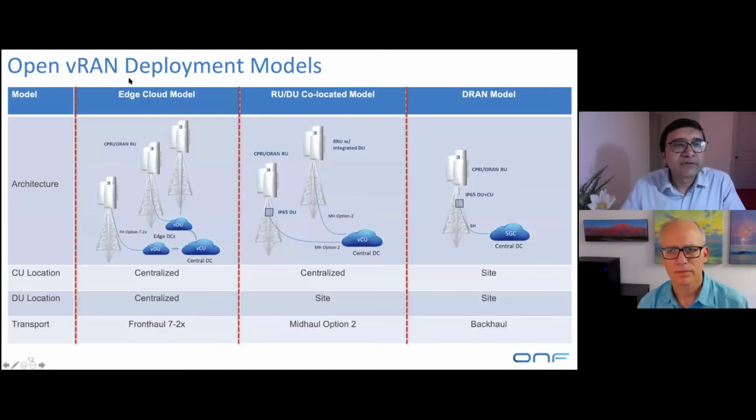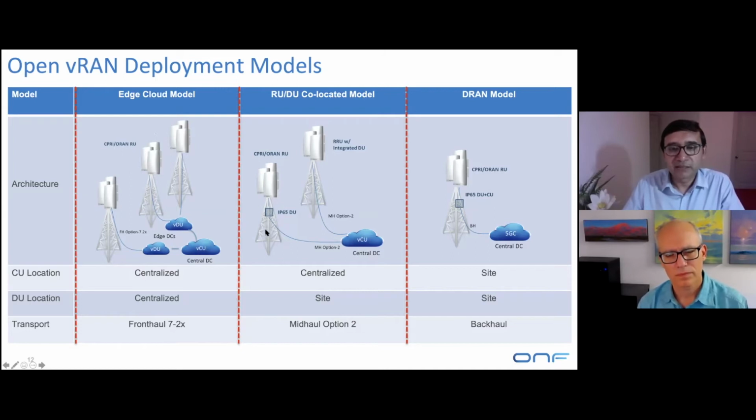So what are the different deployment models? It's not that vRAN only supports the edge cloud model. It's a very flexible solution, as I said. We support the edge cloud model, obviously, where DUs can be deployed in edge cloud. However, if operators have sites where they don't have optical transport available, they have maybe microwave, in that case the CU still will be hosted in the central data center, and the DU is deployed at the tower location.